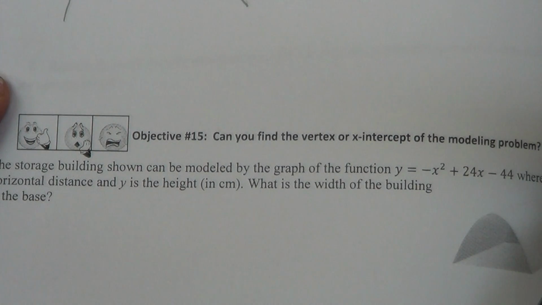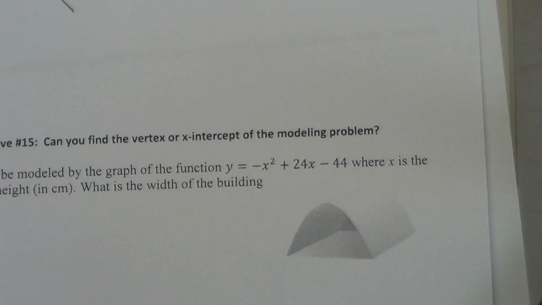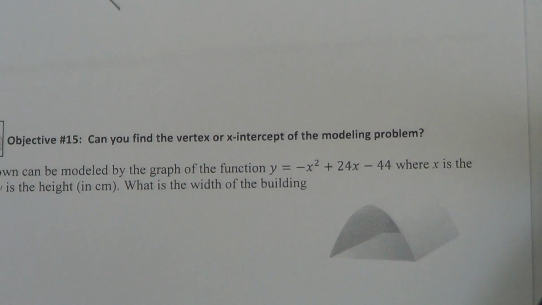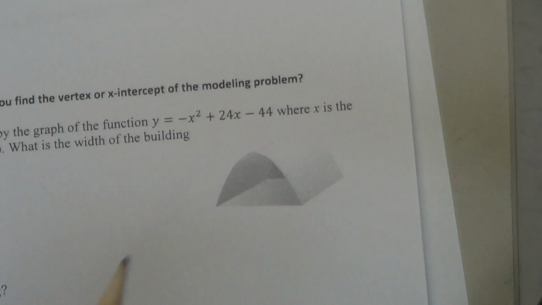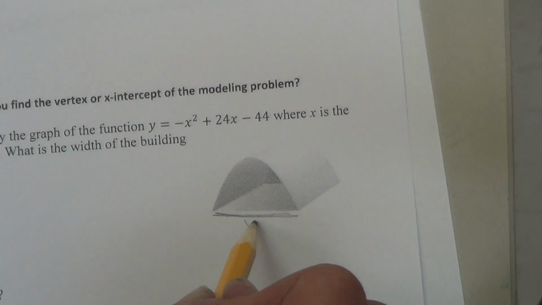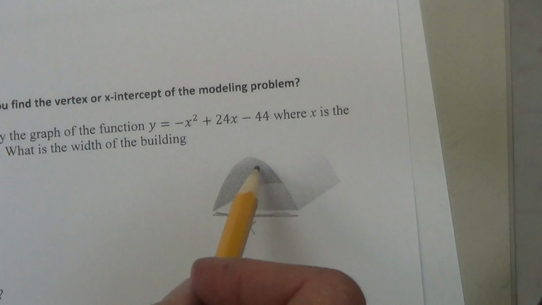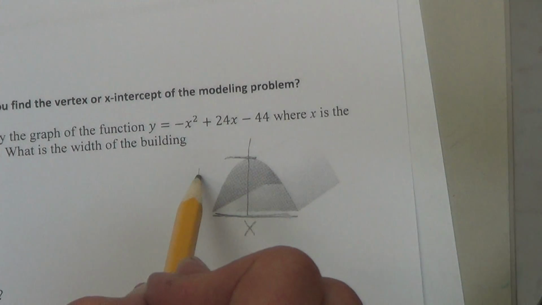We have a storage building shown in this picture to the right. X is the horizontal distance, so right along here, from there to there is your x value. And your height is your y value.